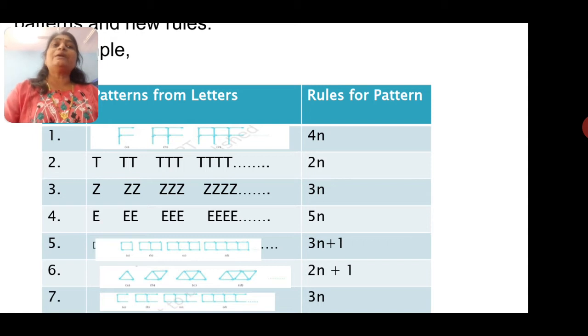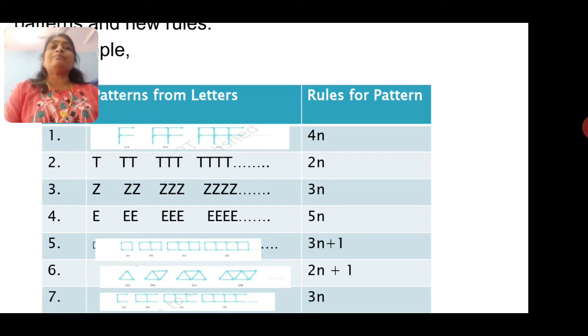For 2Z pattern, number of matchsticks required 6. For 3Z pattern, number of matchsticks 9. Therefore, the general rule is 3N, where N is the number of Z's. So, we can take any letter of English alphabet.